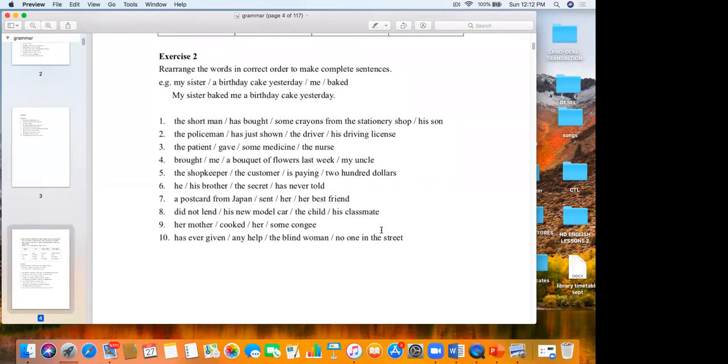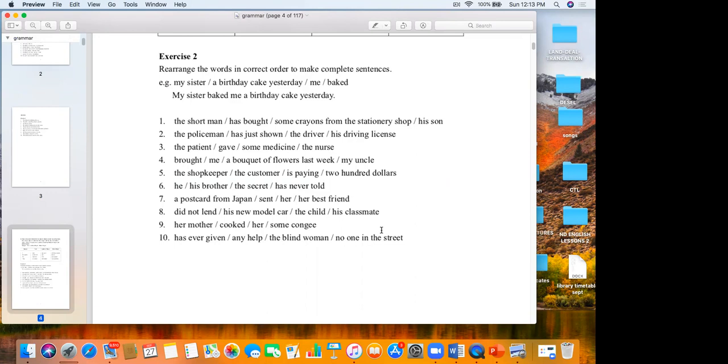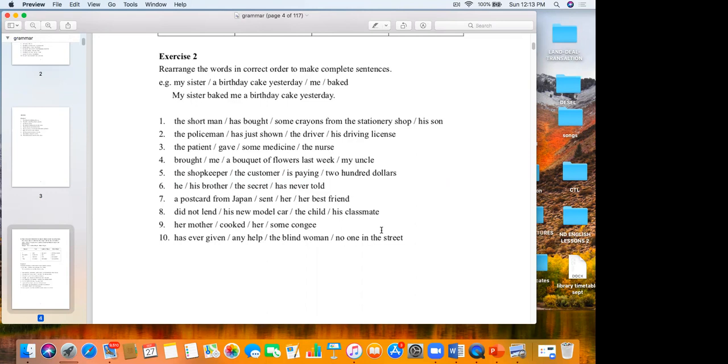The short man has bought his son some crayons from the stationery shop. Oh, very good. The short man has bought his son some crayons from the stationery shop.